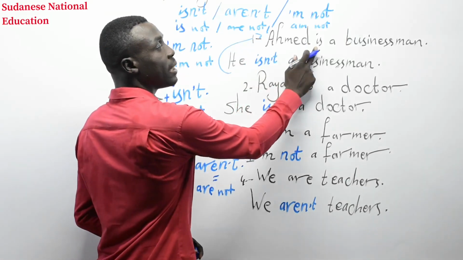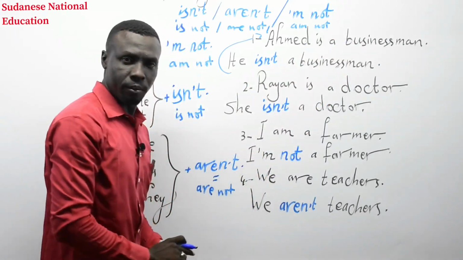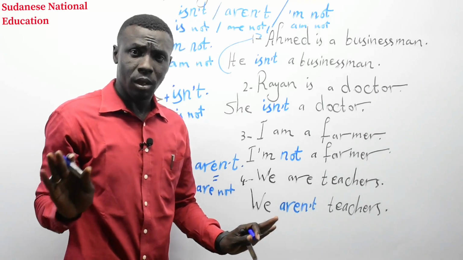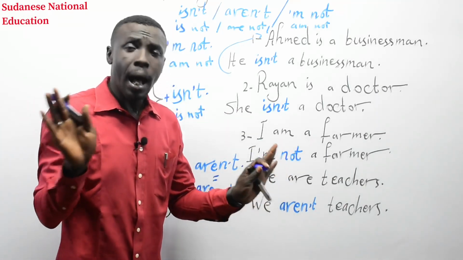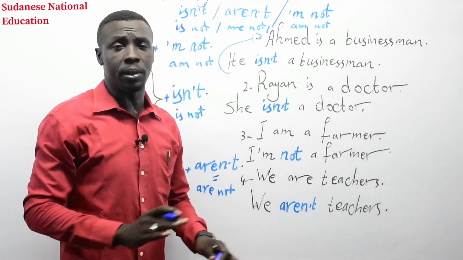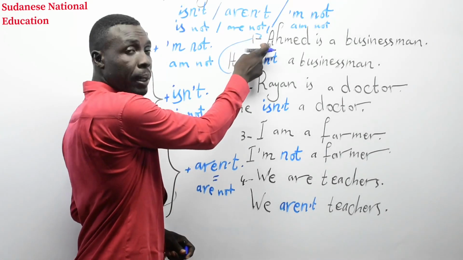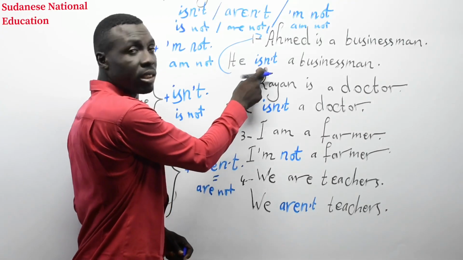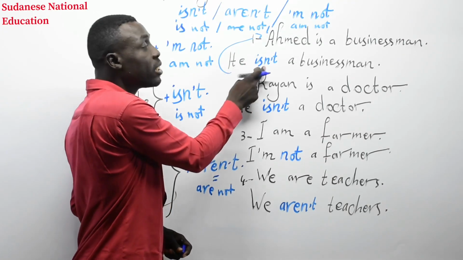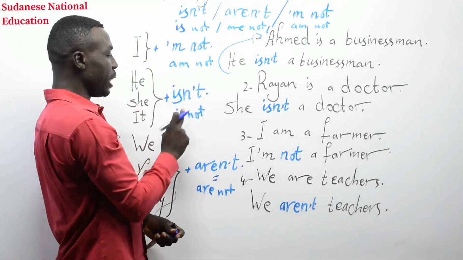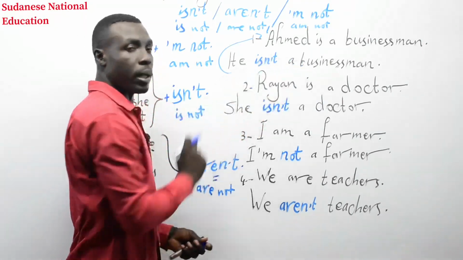Ahmed is a businessman. I want to say no. Ahmed is not a businessman. So he refers to Ahmed. He isn't a businessman, or he is not a businessman.